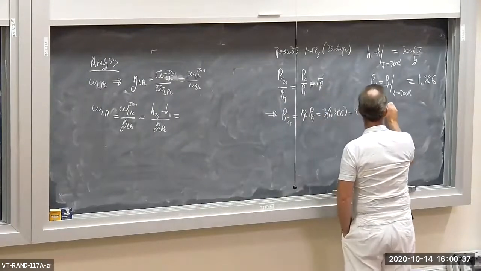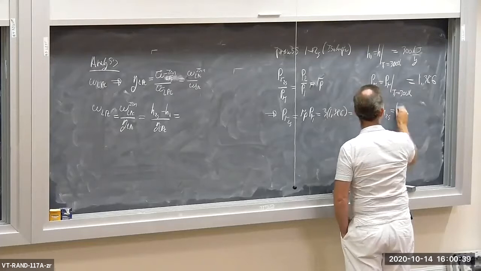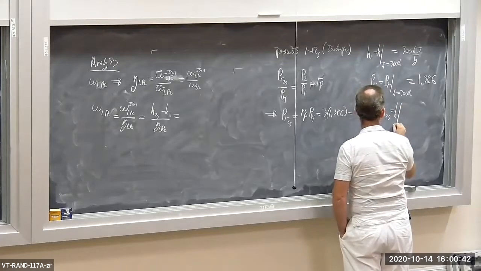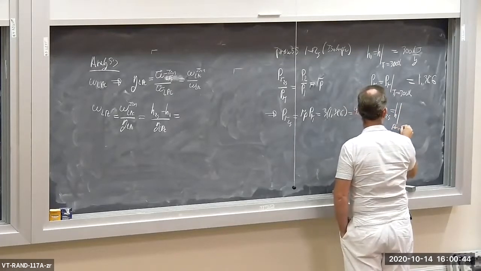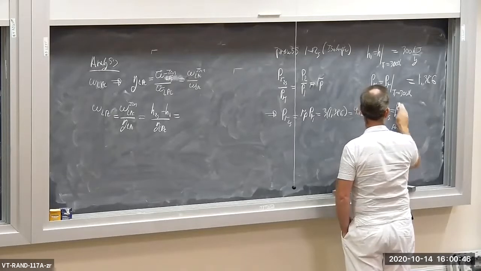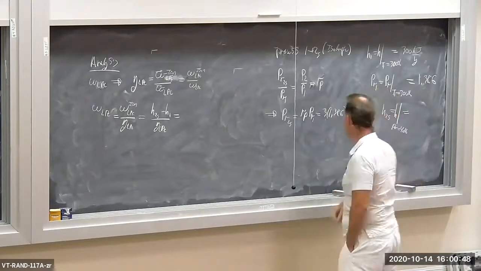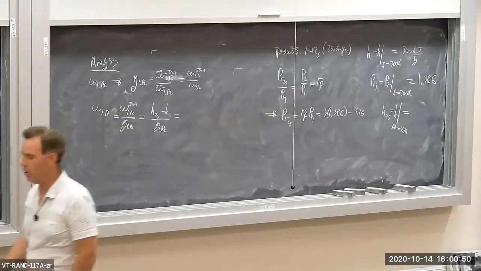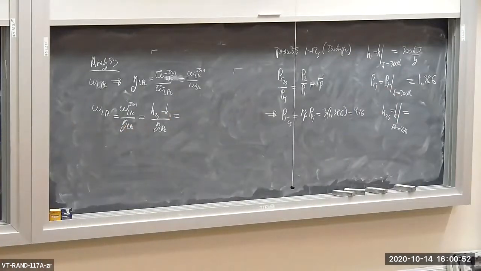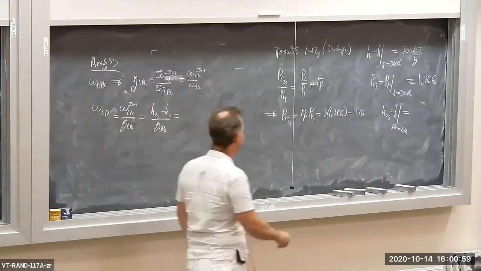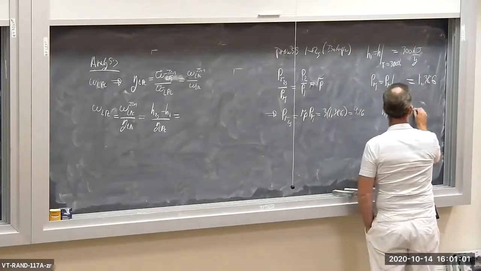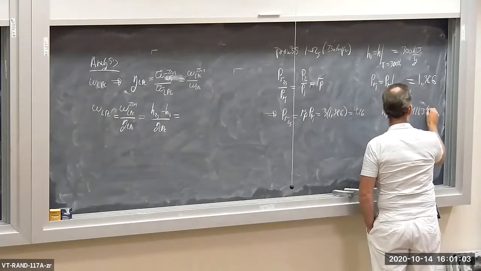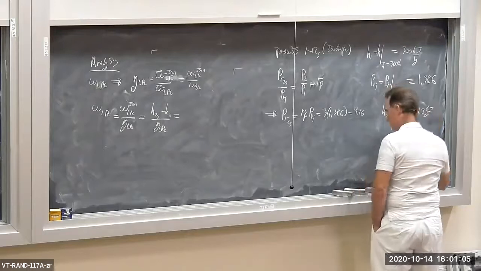4.16. So H2 sub S is H evaluated at PR2 sub S, and I get an H2 sub S of 411.3 kilojoules per kilogram.